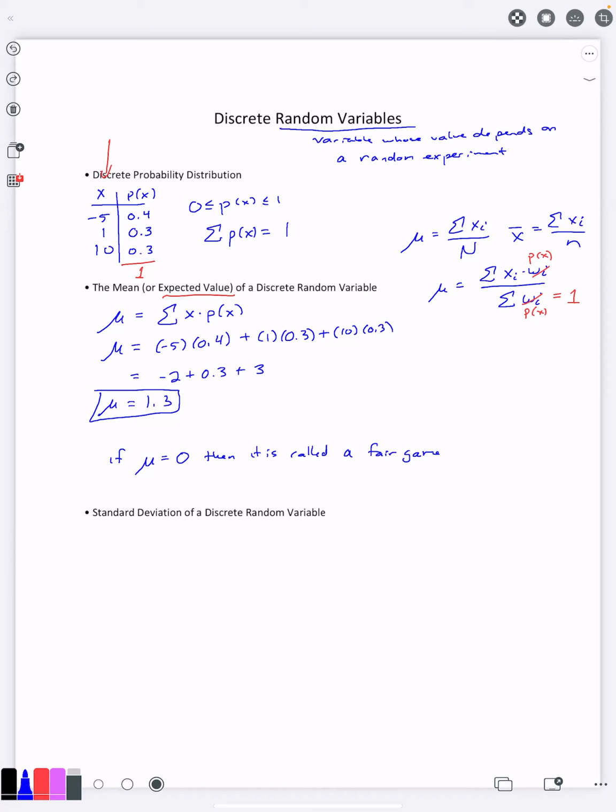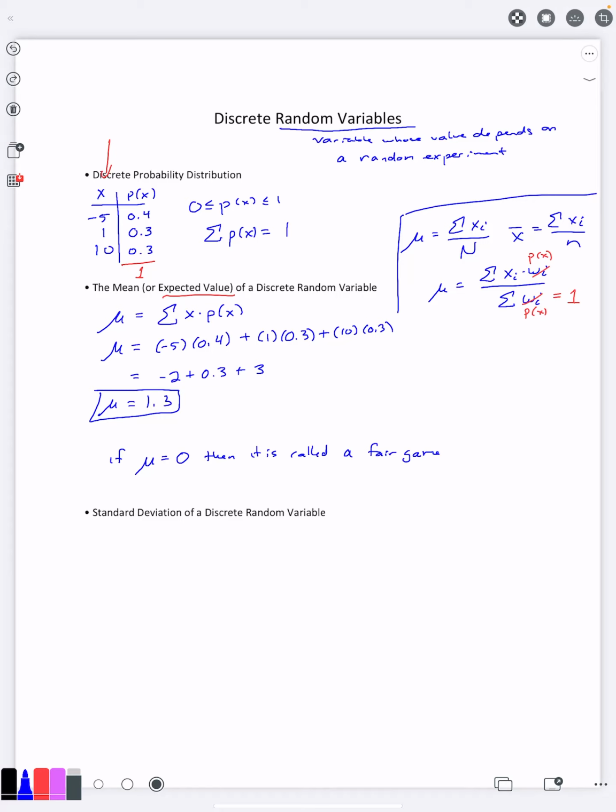Okay, the last thing here, and it's not something we're going to use very often, but I will go ahead and tell you, is the standard deviation of a discrete random variable. Think back to before, when we learned about mean for samples and population, and standard deviation for population and samples.